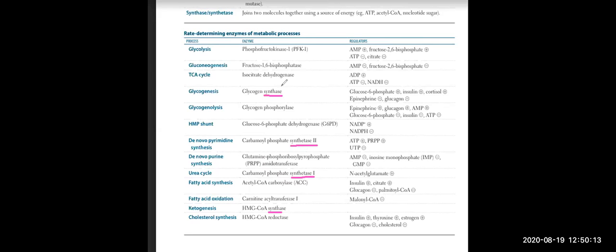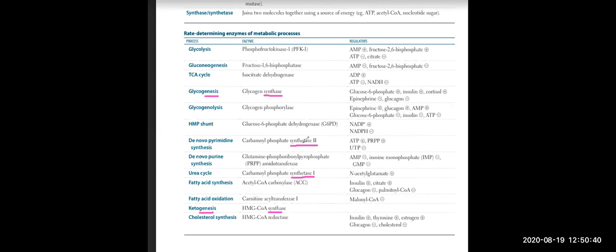You can call synthase as synthetase and synthetase as synthase, because the function of both is the same, okay. But you have to remember that wherever you see genesis written, the enzyme name ends in synthase. Like glycogenesis is glycogen synthase, ketogenesis will be HMG-CoA synthase.